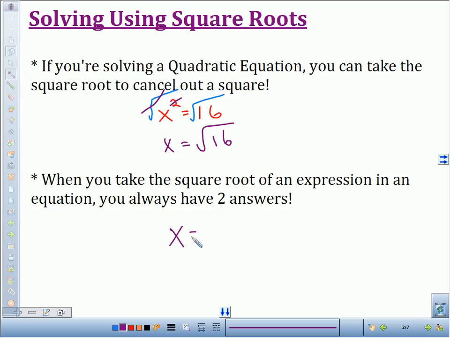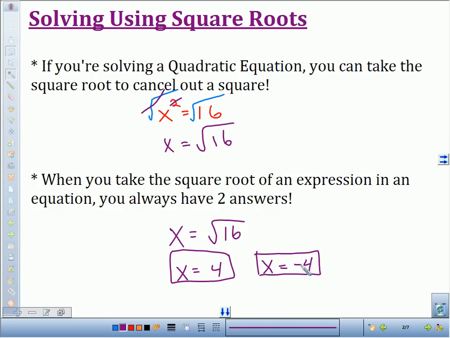If I have x equals the square root of 16, the square root of 16 in this case is either 4, because 4 times 4 is 16, or it is negative 4, because negative 4 times negative 4 is also 16.